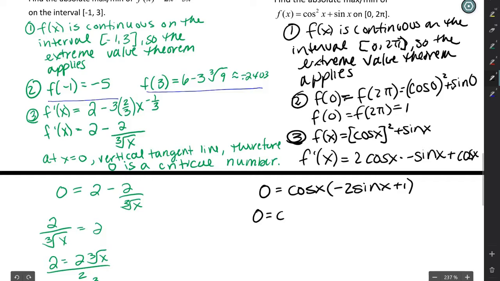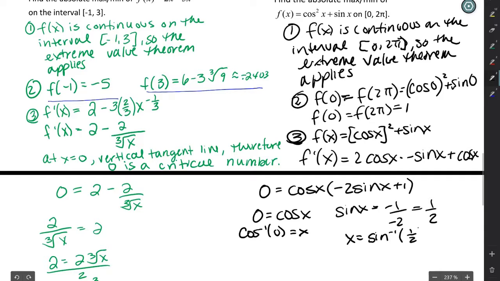So 0 is equal to cosine of x, and sine of x is equal to negative 1 divided by negative 2, which is a half. So to finish solving, I'm going to do inverse cosine of 0, would be x, and then over here, inverse sine of 1/2.